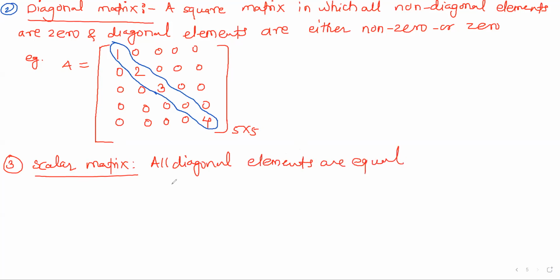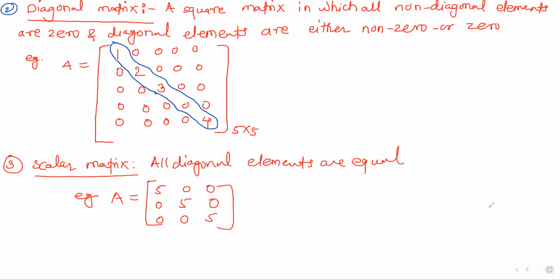Say, for example, A is a matrix, say 5 0 0, 0 5 0, 0 0 5. As you can notice, the diagonal elements are equal, that is nothing but 5, right?